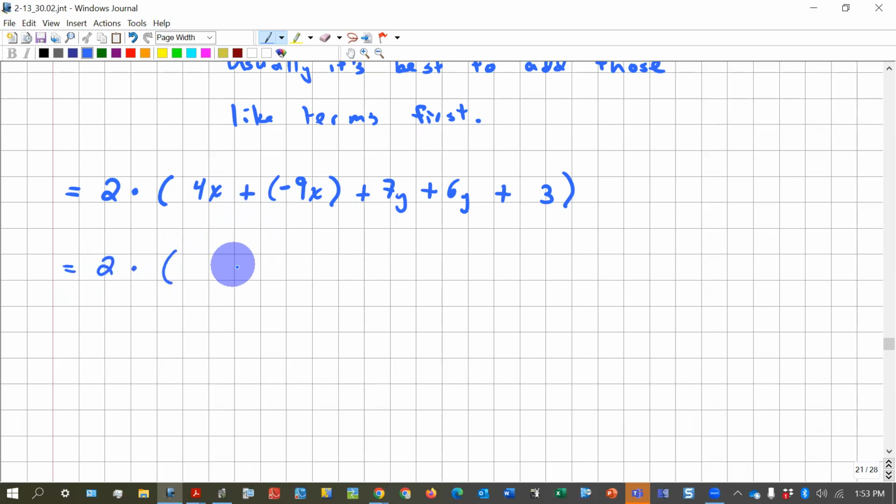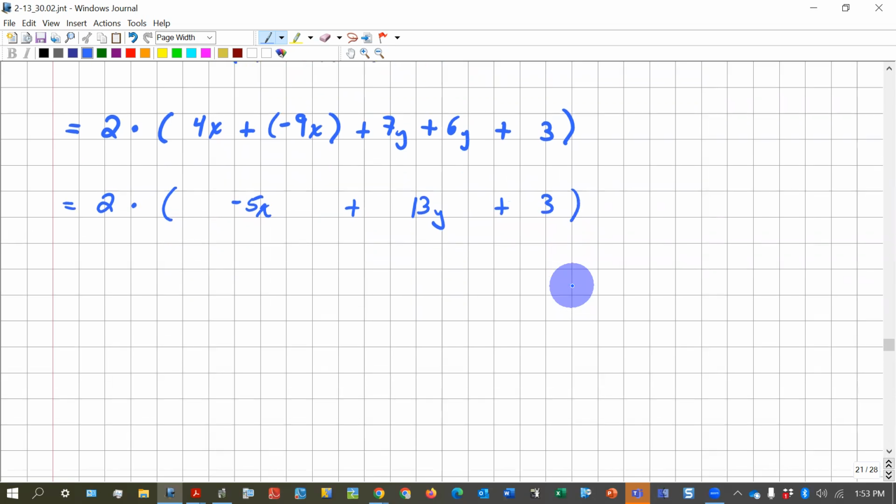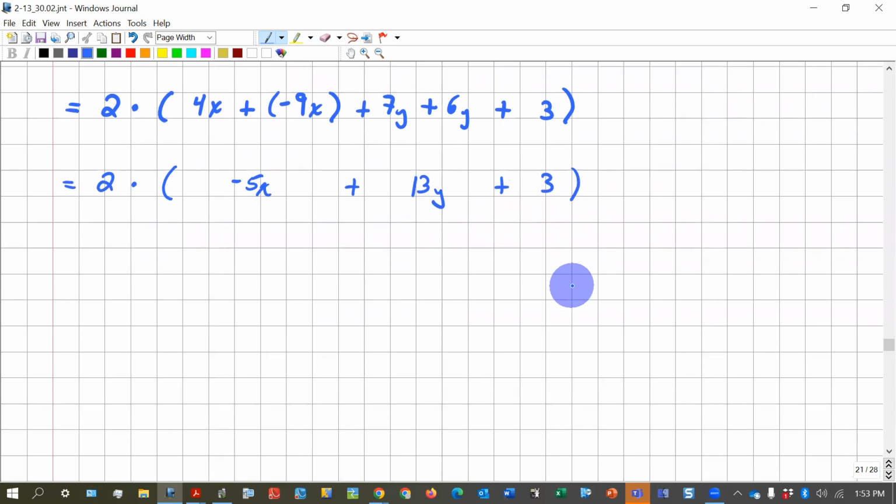And now inside my parentheses, I can add my x's together. I can add my y's together, and I still have the plus 3. Now I have addition inside and multiplication outside. And inside, all 3 of those terms are different kinds of things. They are not like terms.